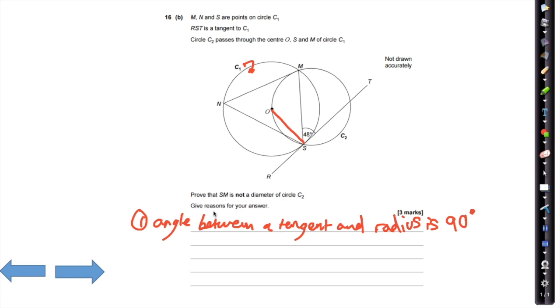And yes, we do have to say this because it says give reasons for your answers. So angle between the tangent and the radius is 90 degrees, therefore this angle is 90 degrees.